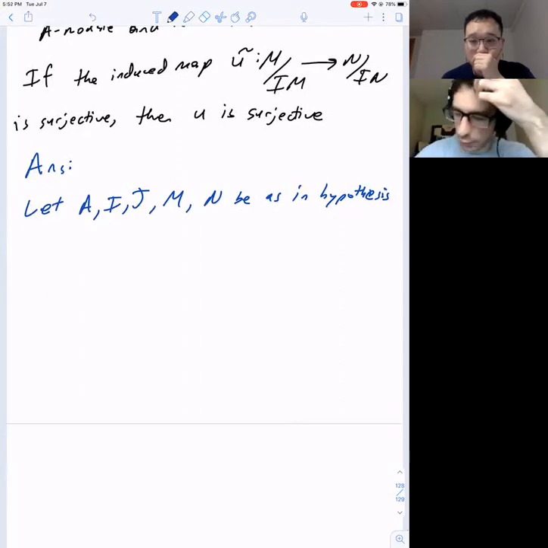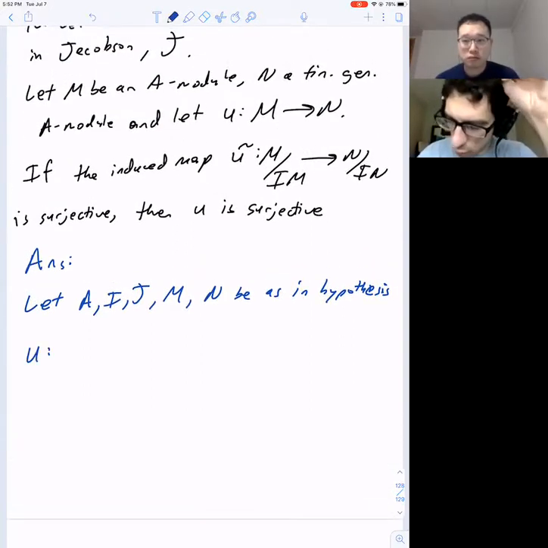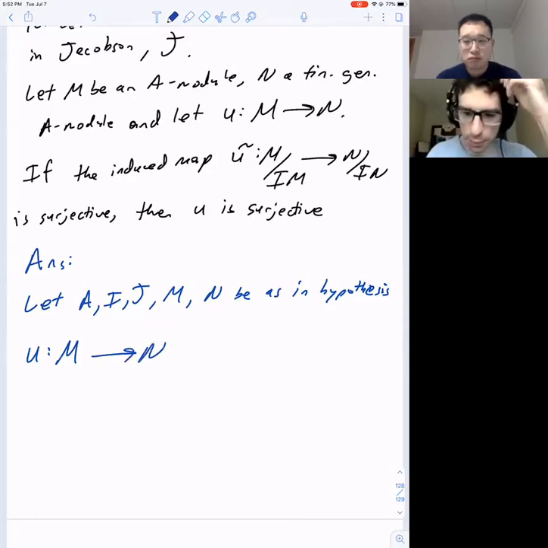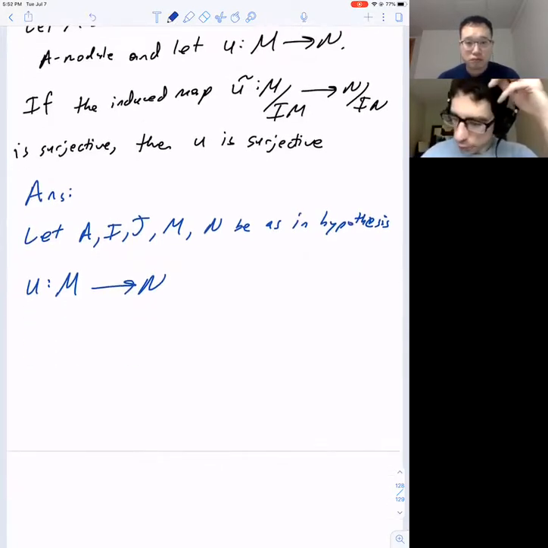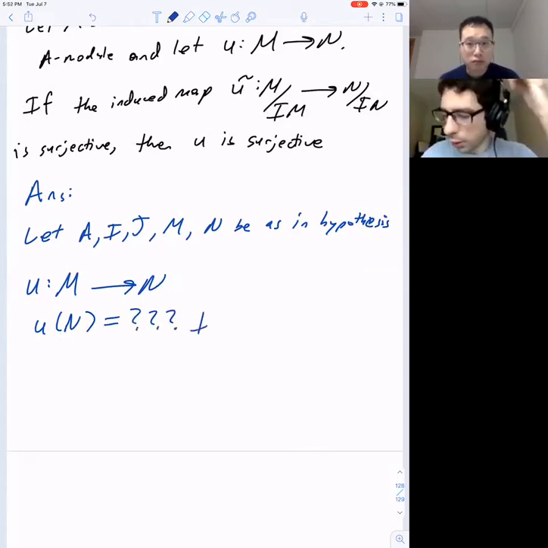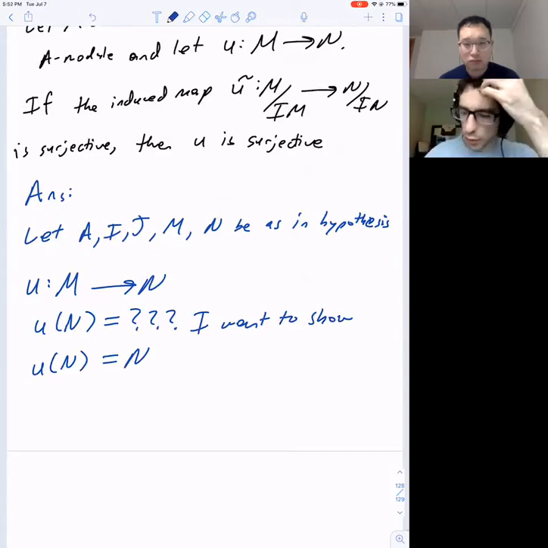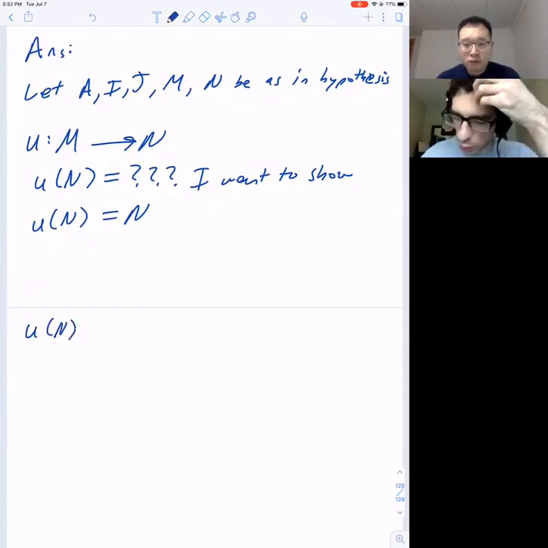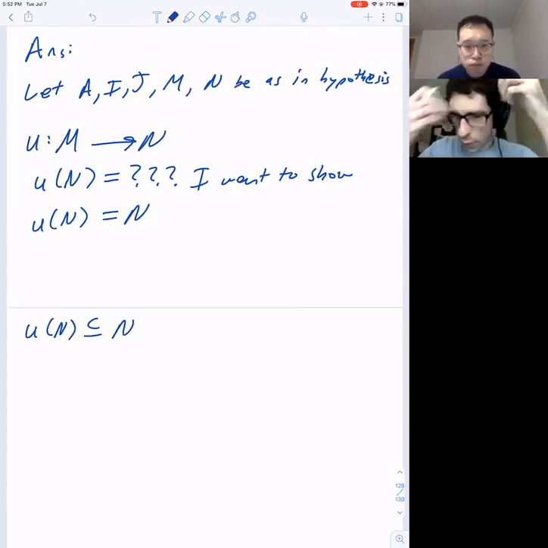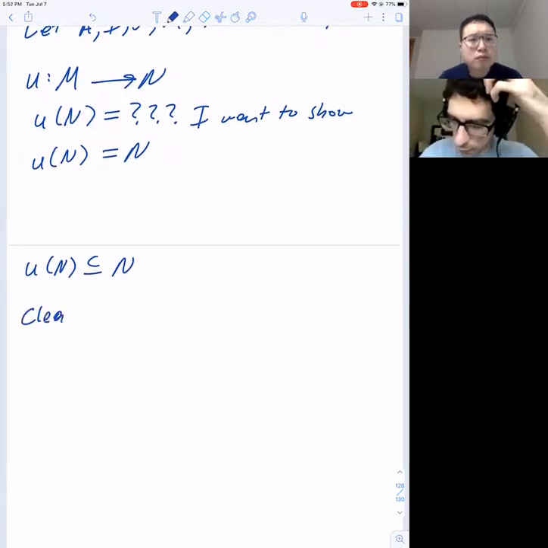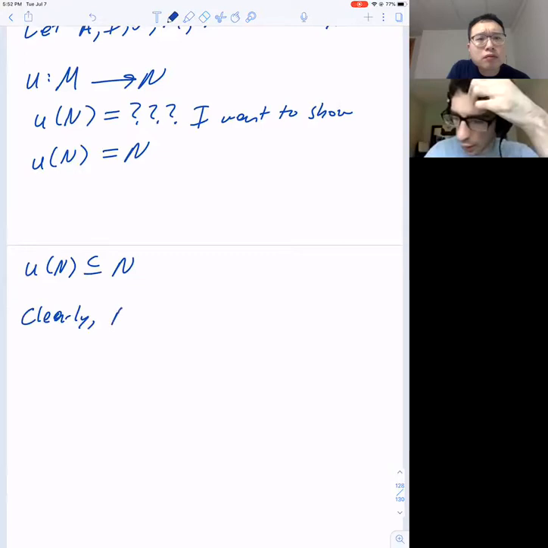So let's say that U maps M to N. So U of M, I don't know what it is. I want to prove U of M is equal to N. So to start with, I only know that U of M is a submodule of N. And so clearly, we have N is the same as IN plus.